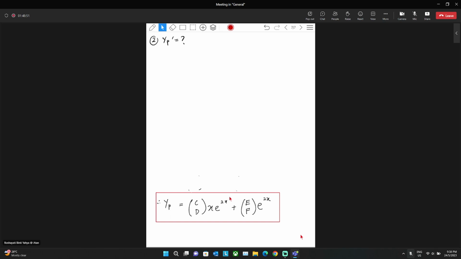Macam mana you nak pastikan? Sebab ni you refer to the module, but during exam you have no module with you. So how can you differentiate? Mana satu nak guna integration by part, mana satu nak guna product rule? How to differentiate? Anyone try to answer?